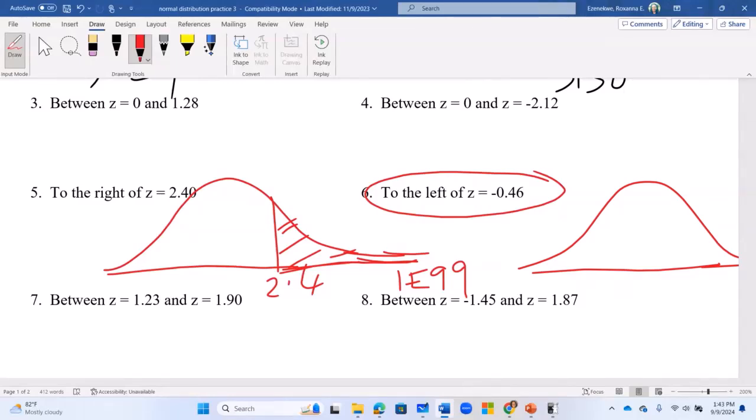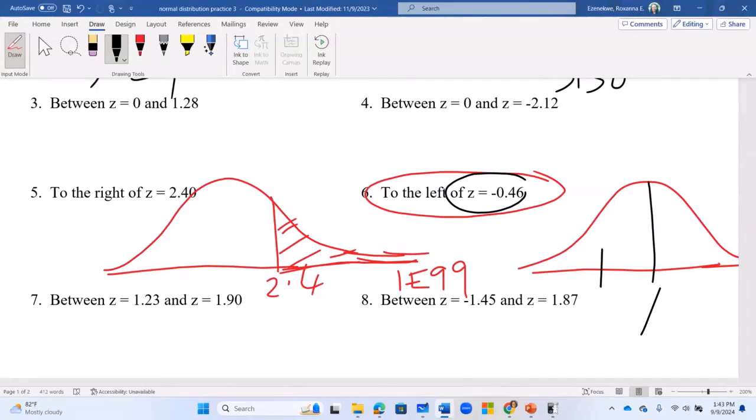All right, so I'll show that it's a normal curve because the mean is in the middle, but I don't need the mean. I am told to find the area to the left of negative 0.46. So I've got to be careful. Whenever you see z negative, it means that z is on the left-hand side of the mean.